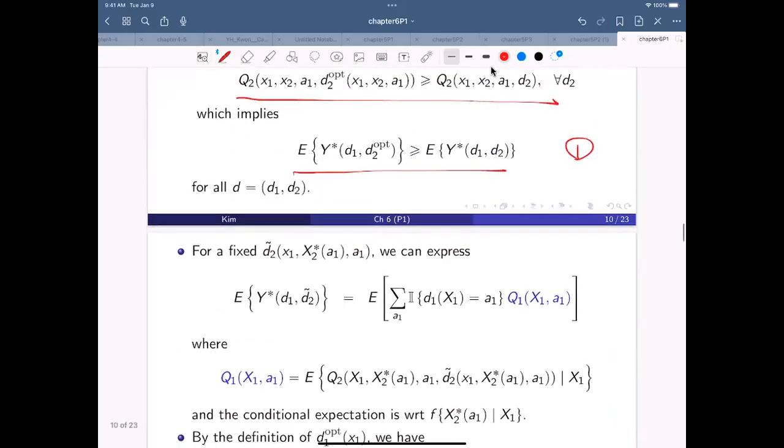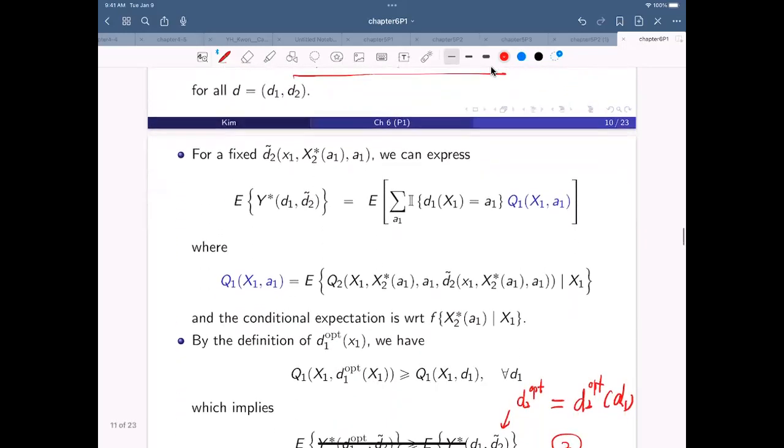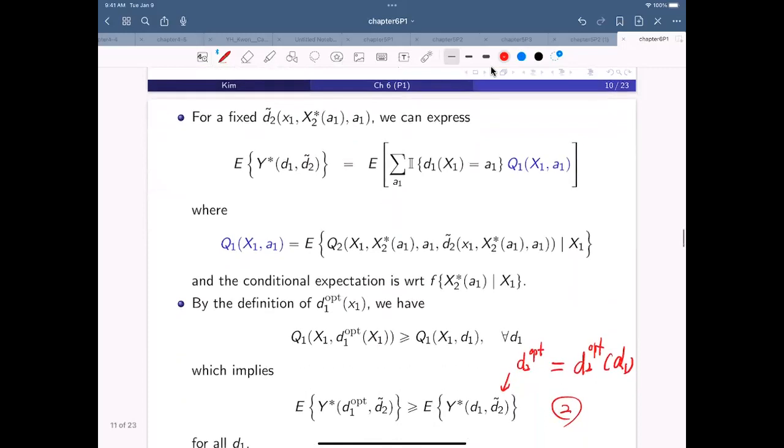And D2 is a function of D1. Ultimately, we're solving this problem by comparing two functions. We can always compare the two functions from the optimal decision given the covariate. So D1 is a function of the covariate.